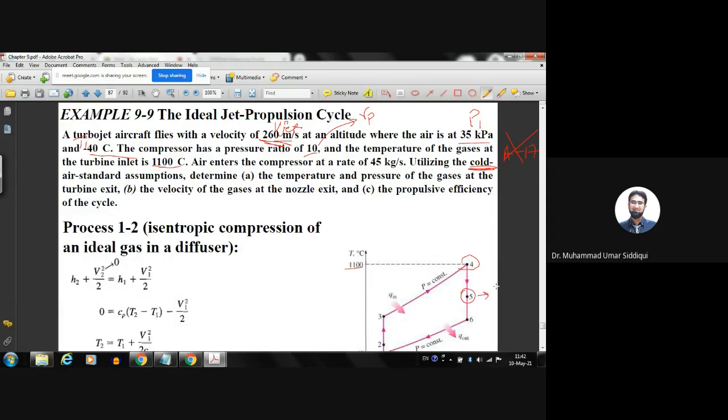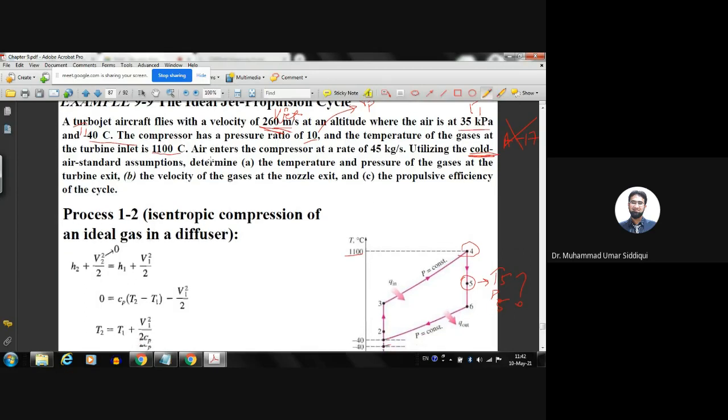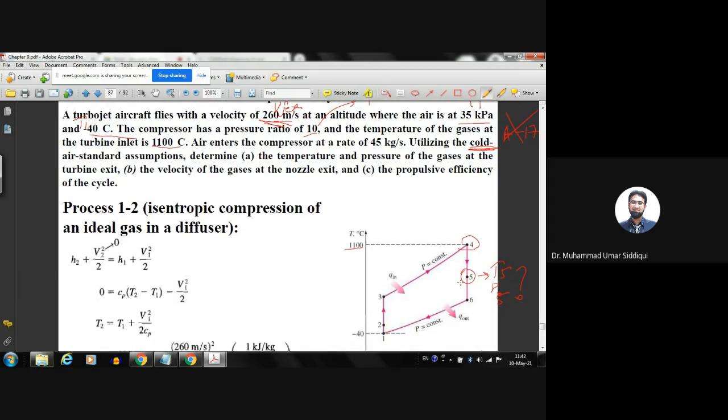So we need to determine T5 and P5 at this point, and the velocity of the gases at the nozzle exit. Nozzle exit is at 6, so we need to find the velocity V6, and the propulsive efficiency of the cycle.